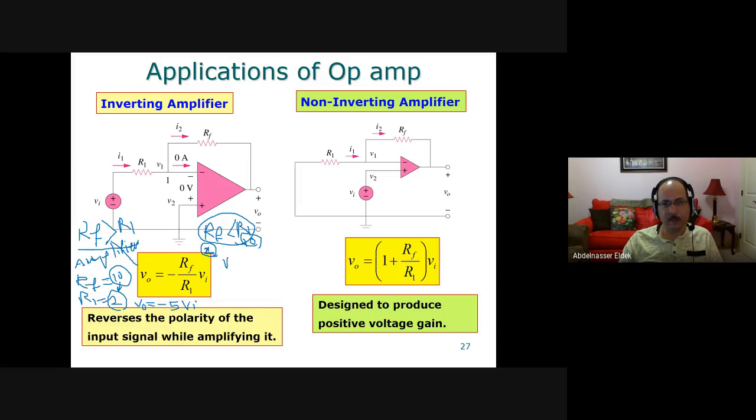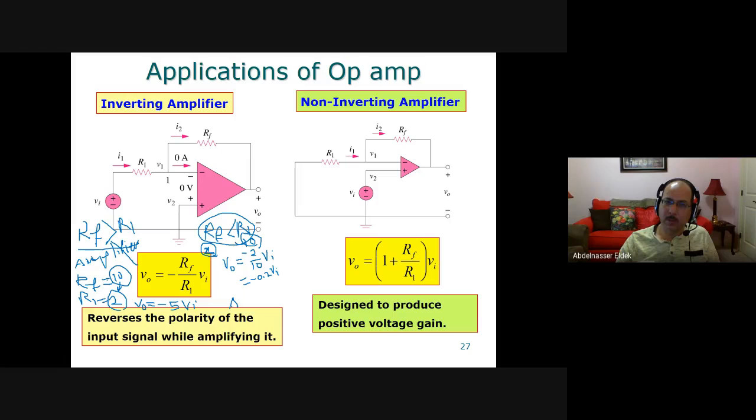In this case, VO will be negative 2 divided by 10 times VI. So actually it's negative 0.2 VI. So you multiply the input by 0.2, so you are decreasing it.